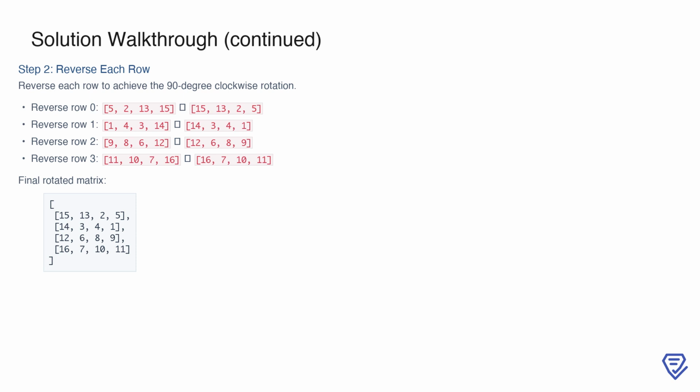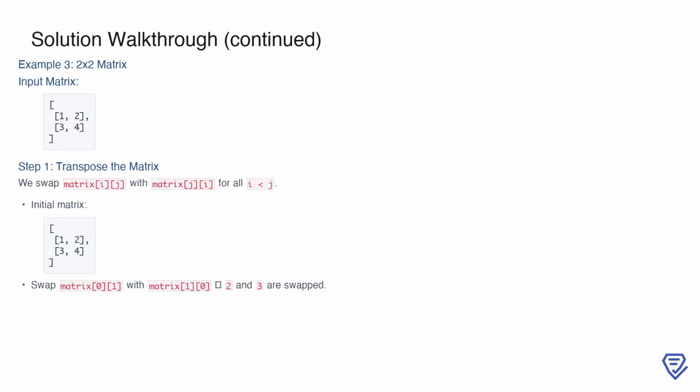Row 3, 9, 8, 6, 12 becomes 12, 6, 8, 9, and the last row, 11, 10, 7, 16 is reversed to 16, 7, 10, 11. The final matrix after reversing all rows is displayed, and just like the 3x3 example, the 4x4 matrix has been rotated 90 degrees clockwise.